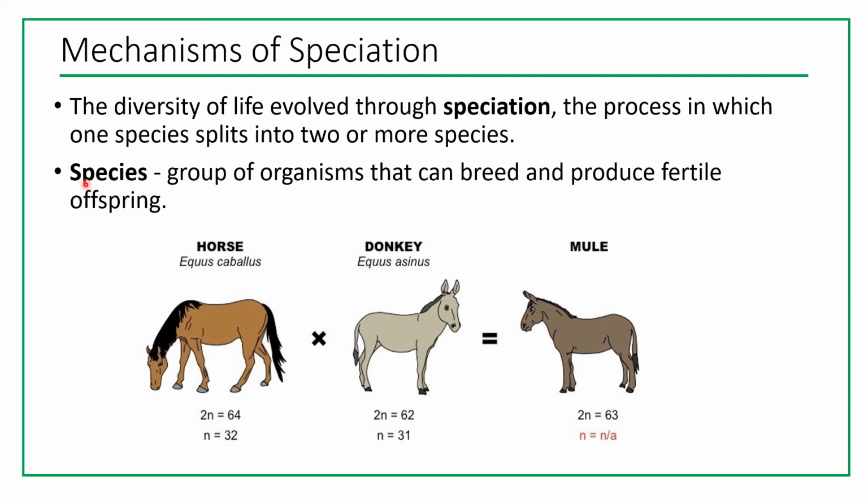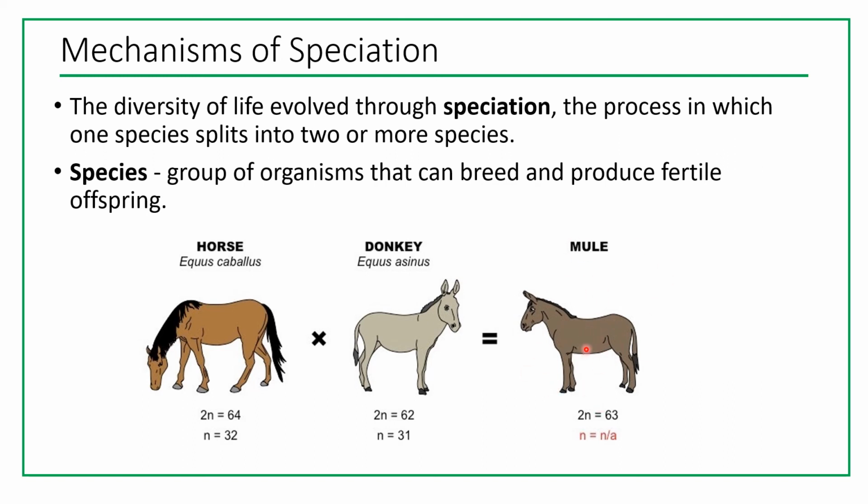A species is a group of organisms. They can breed and produce fertile offspring. So an example over here, horse and donkey. Well, horse and donkey can breed and produce a mule, right? So they can breed, but the mule is not fertile.